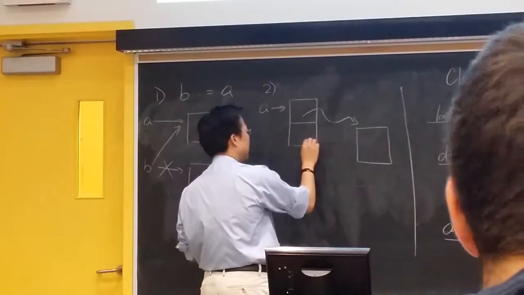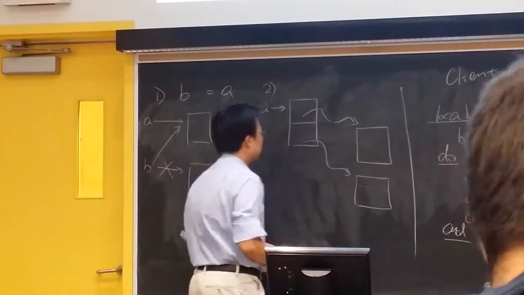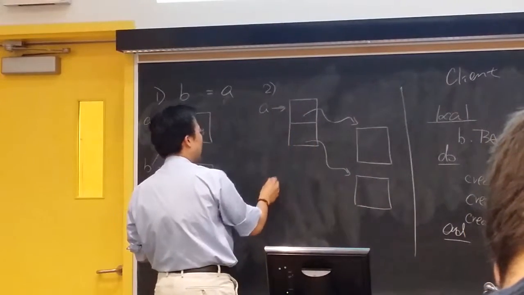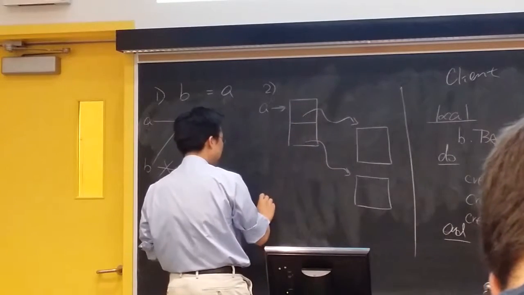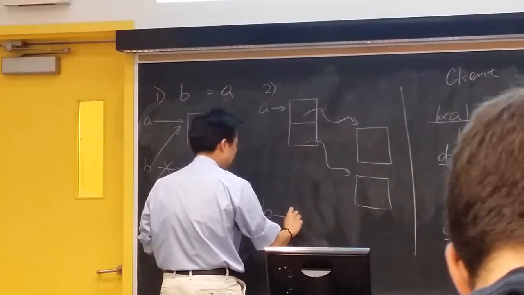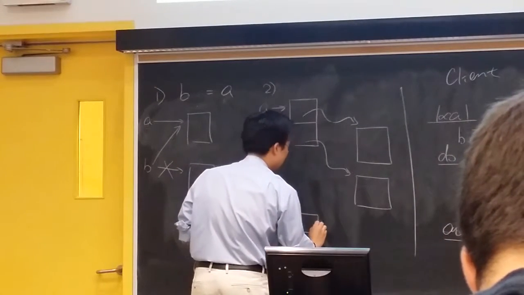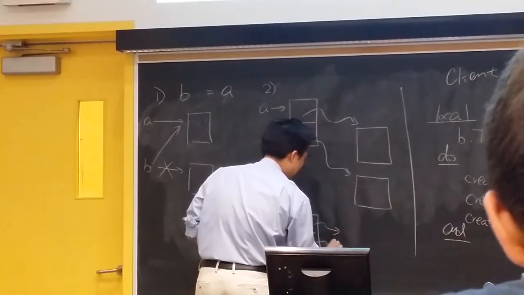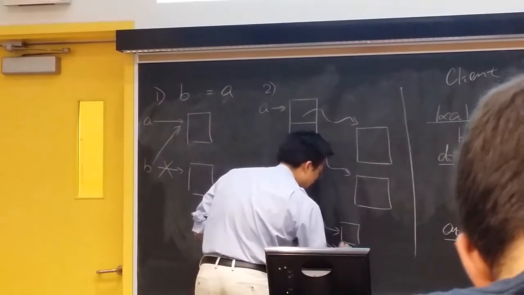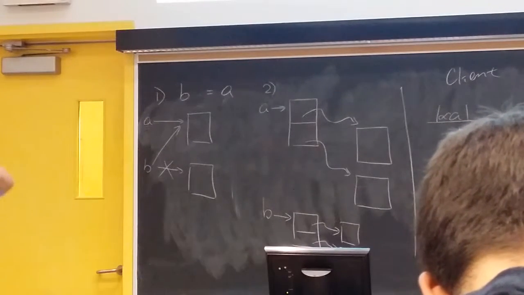Let's say this one refers to another one. Now let's say B refers to some object here. I try to go a little bit slow because it's very important for you to understand.